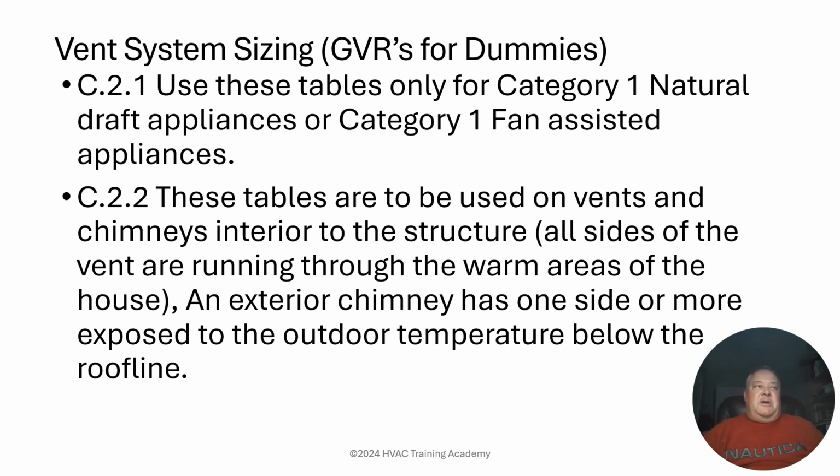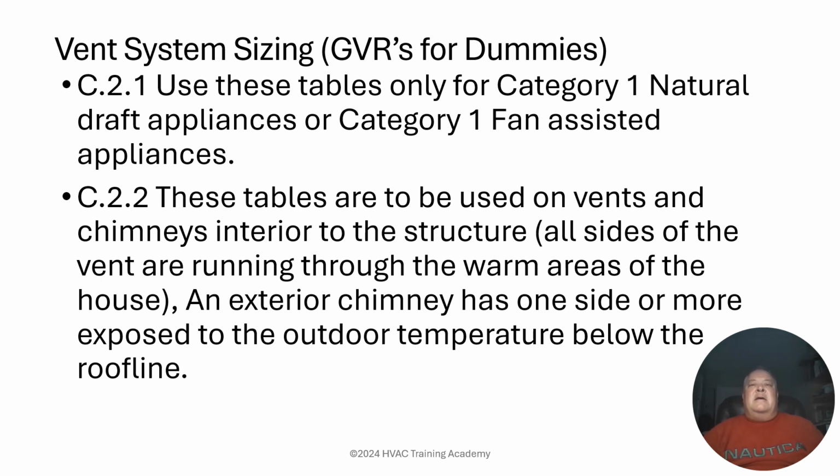So if you look at a chimney overall, real old houses have what they called interior chimneys, where a chimney ran right up the middle of the house itself. So all four sides were surrounded by heated air, which really made the venting that much more effective because it didn't have cold air hitting one of the surfaces of the chimney. Houses built mainly in the 1950s, 1960s, 1970s moved away from those central chimneys and put them on one end or the other of the house.